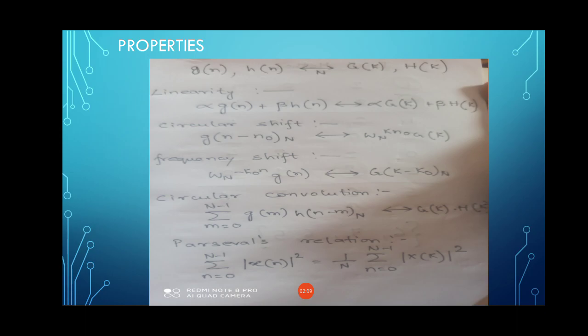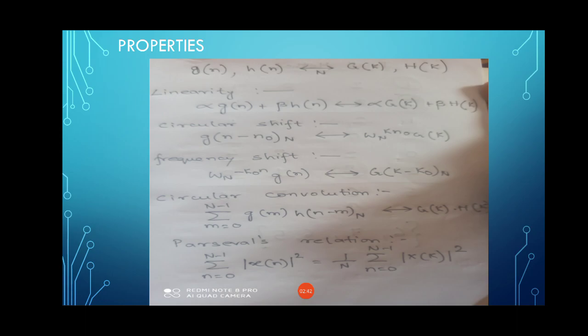Here another property is the circular convolution property. Before we move to the property, we need to know what circular convolution is. Previously we have studied only convolution, but here as we have come across circular convolution, the term that we studied previously as only convolution will be renamed from now onwards as linear convolution.